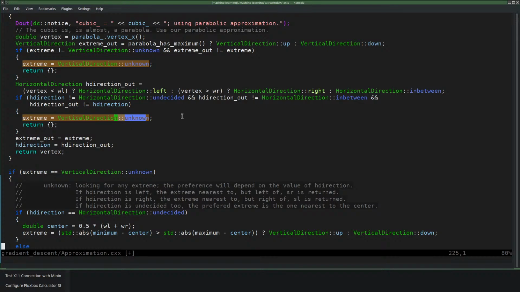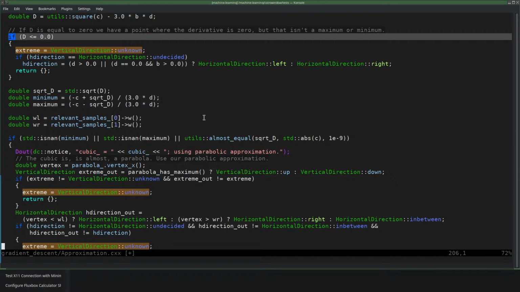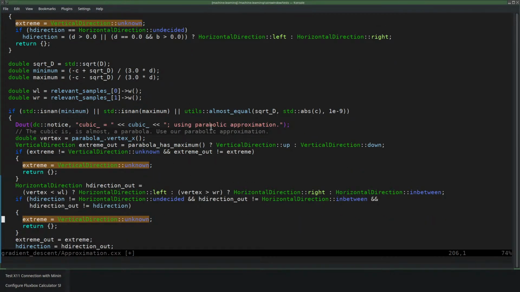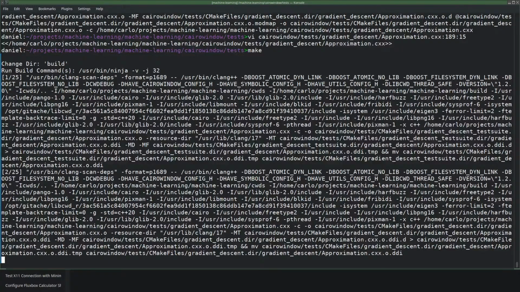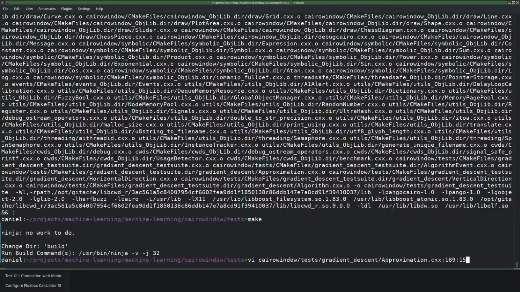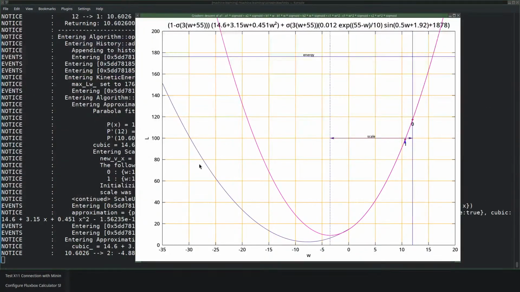No, no. We only do that here if d is less than 0. So I should not do that here because we're already past that point. Feels like it could make sense though. Ta-da, we don't crash anymore.